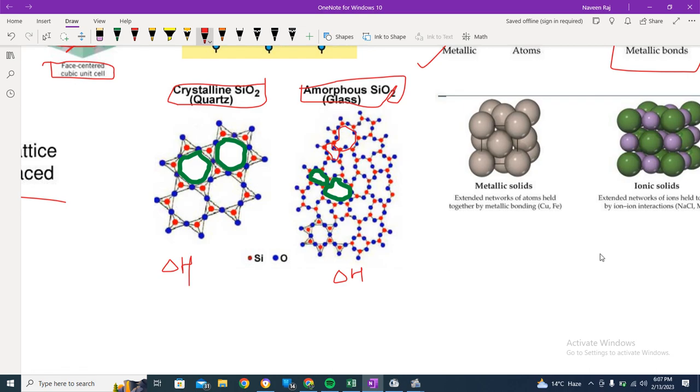While the amorphous will have, for suppose, this smaller unit melting at 51 degrees, and this will melt at 100 degrees. So there is a difference, but the crystalline will have the same. This is 50 degrees, so this would be 50 degrees, because they have a sharp melting point.